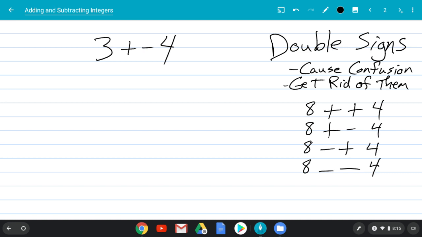When we're dealing with double signs, I don't like them. For me, I always get rid of the double signs. Now, I would like you to get so good at this that they don't affect you the way they are currently, but for right now, let's just get rid of a double sign. When we have double signs, we're going to get rid of a positive sign.